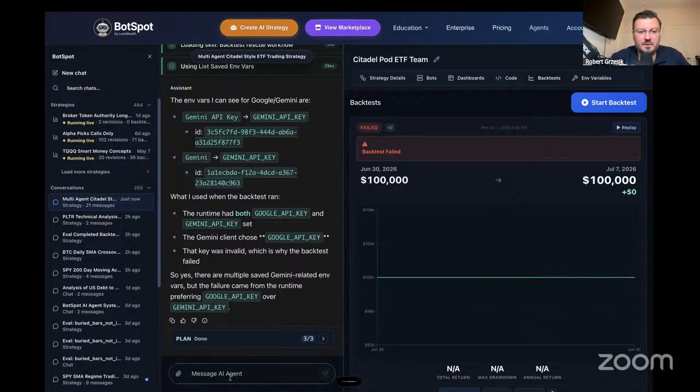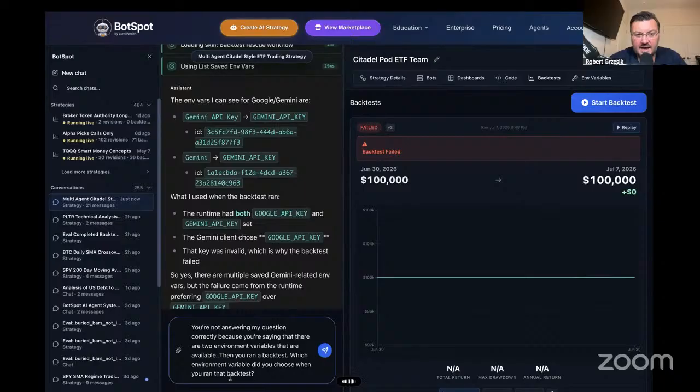Okay, you're not answering my question correctly, because you're saying that there are two environment variables that are available. Then you ran a backtest. Which environment variable did you choose when you ran that backtest? I understand that you set both the Google API key and the Gemini API key.